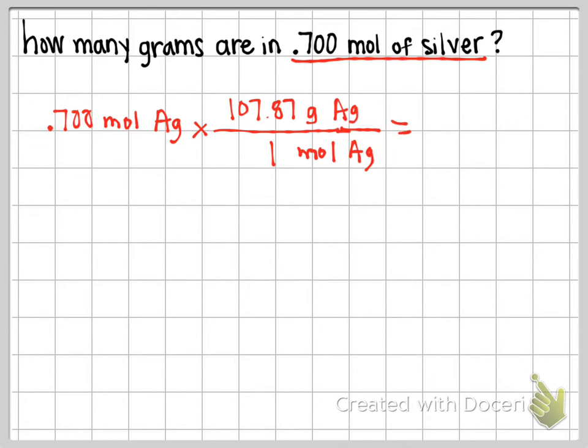So again, you multiply your top numbers, you divide it by the bottom number. So 0.700 times 107.87, and then divided by 1 is that same number.